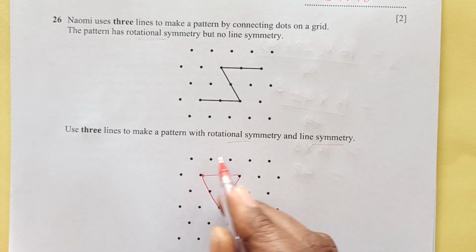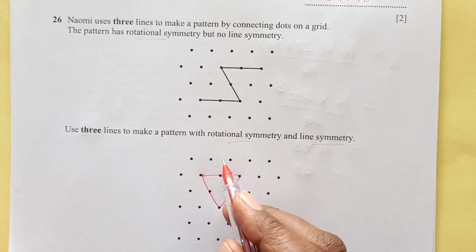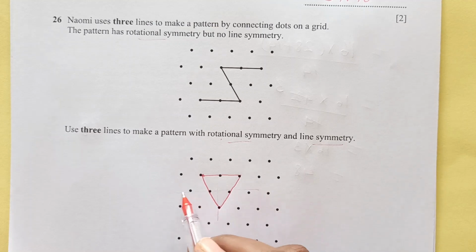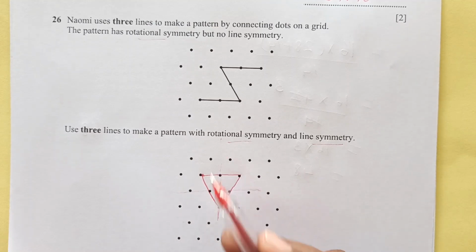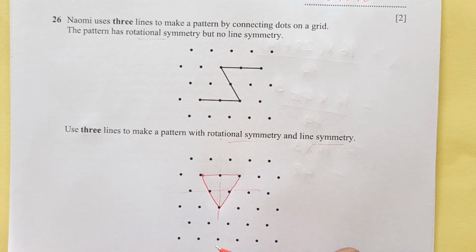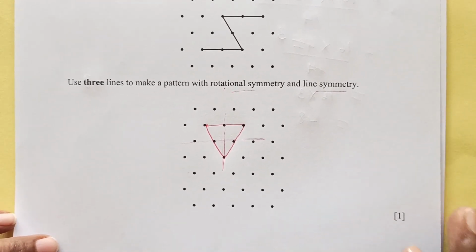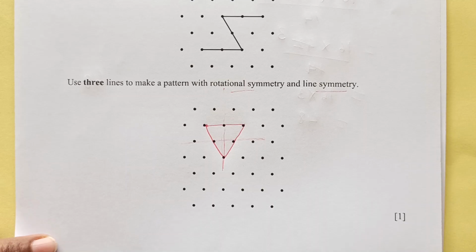When we rotate this, you will have rotational symmetry, but there will be no line of symmetry here. If you see, the line of symmetry is not there. When you reverse it this way, it's not coming the same, right? That was just a 1 mark question. You need to use the trial and error method here. You can't do it directly. So this is one shape that we can get. You may have more than this one.